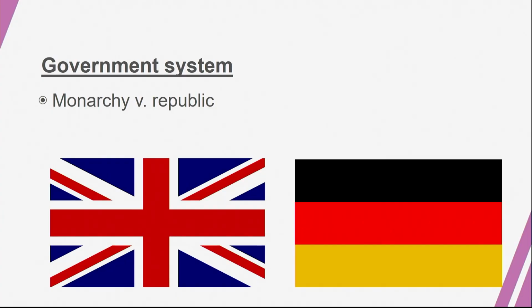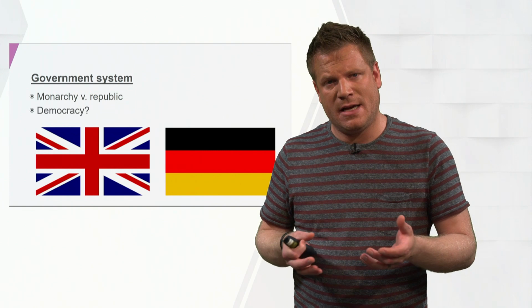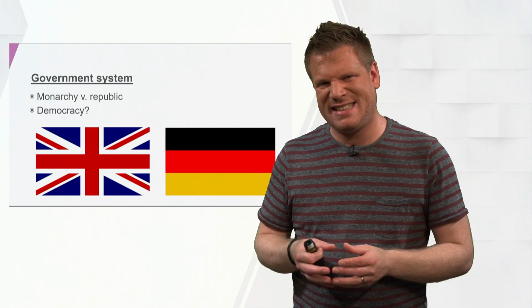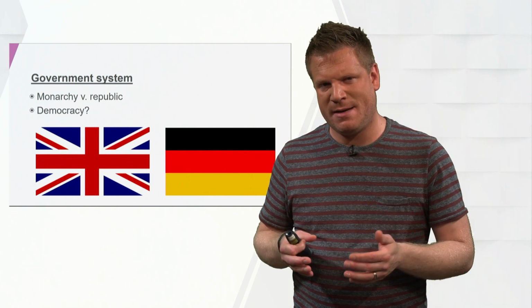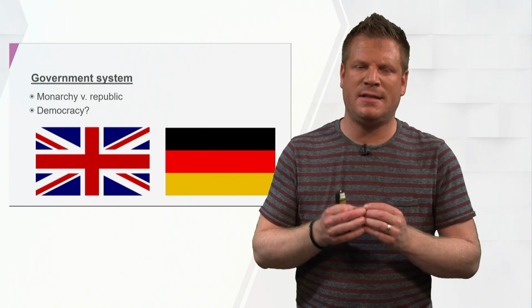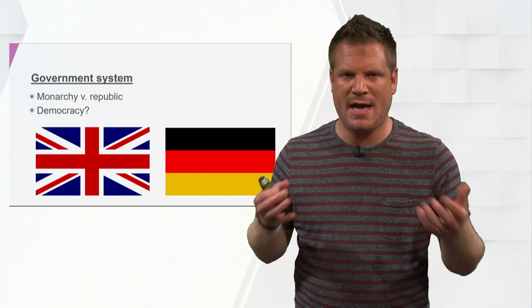Is a monarchy less democratic compared to a republic? Well, the original intention obviously was yes, a republic was there to become more democratic. However, in practice, labeling a country as a monarchy or a republic does not necessarily say something about the level of democracy a country has.